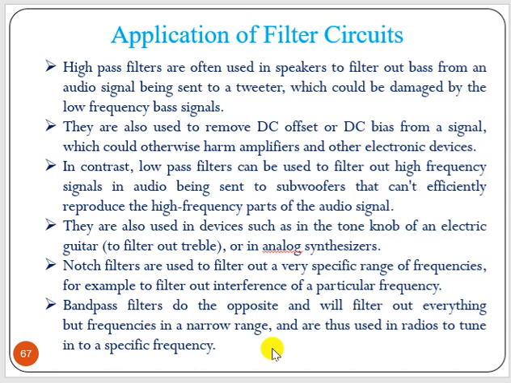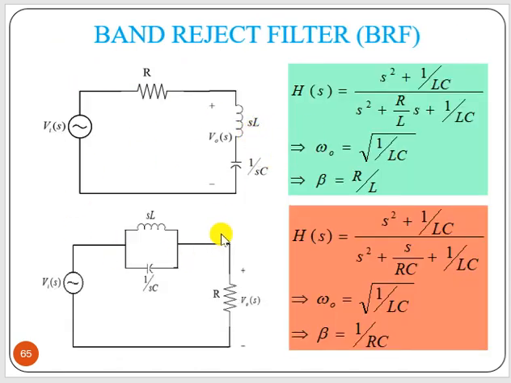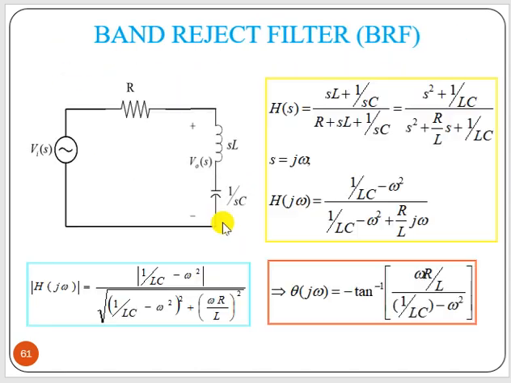If you want to pass a particular band of frequency, you have to use a band pass filter. According to that you design, and depending on the application, you can change your circuit parameters. These are basically analog filters, passive analog filters.